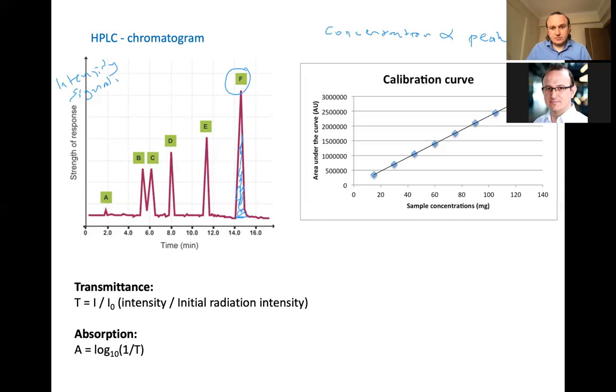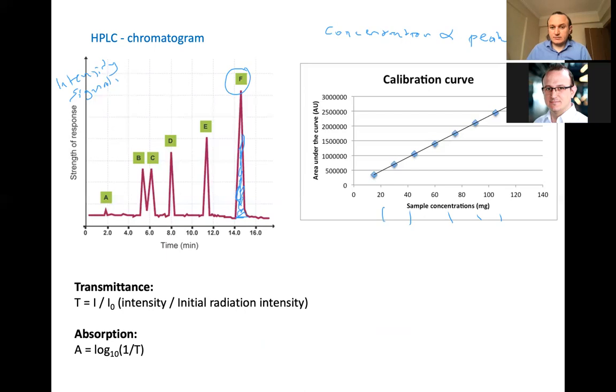So we can do the same thing, the calibration curve preparation, as we just discussed in the first slide. We can prepare samples with known concentrations, and we can inject them to the HPLC and check the area under the curve, this area, for different concentrations. And we can prepare our calibration curve again, which is showing us the relationship between concentration versus the area under the peak.